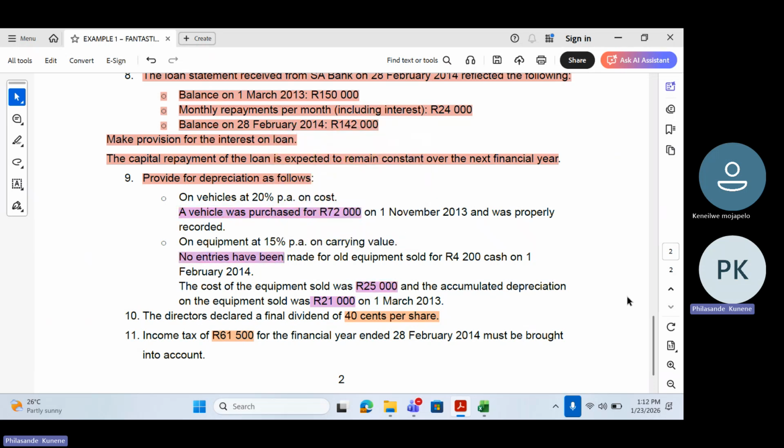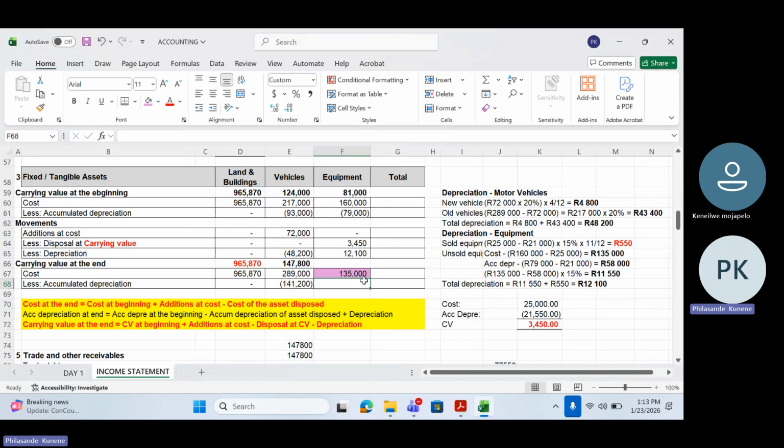So you could have just subtracted it and then you get the cost at the end, which is not that difficult at this stage, but there will be those times where you will have to use the formula. Cost at the end is cost at the beginning, which is 160, plus additions, we don't have additions, minus cost of the asset disposed, which is 25,000. Then you're getting your 135,000. Accumulated depreciation at the end, how do you get that one? How much can you give me?